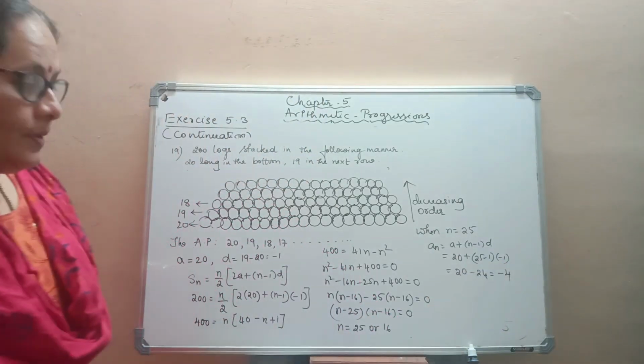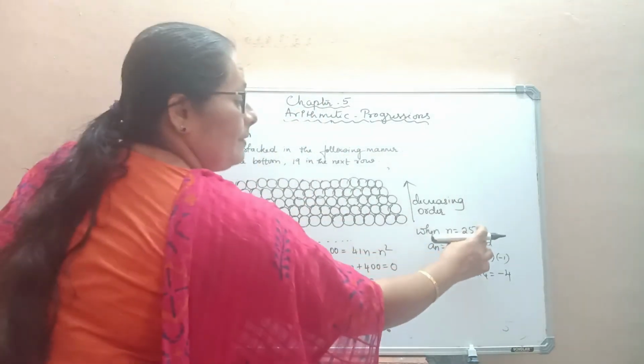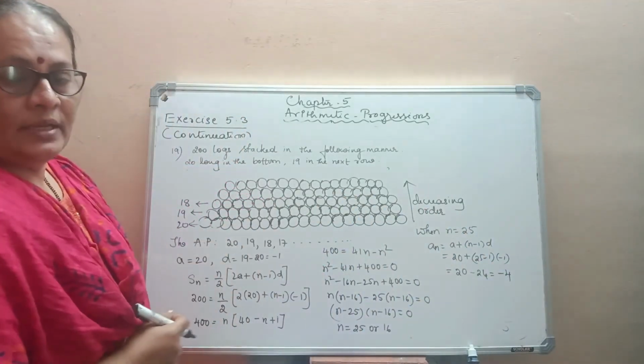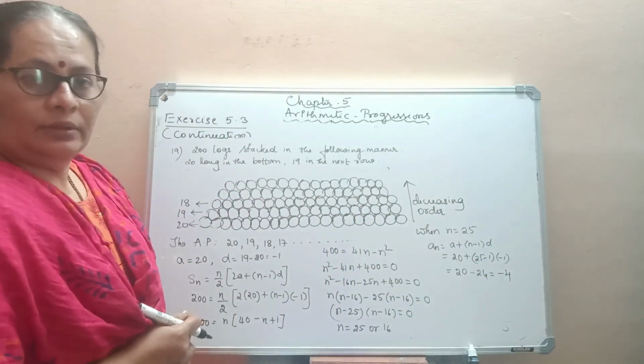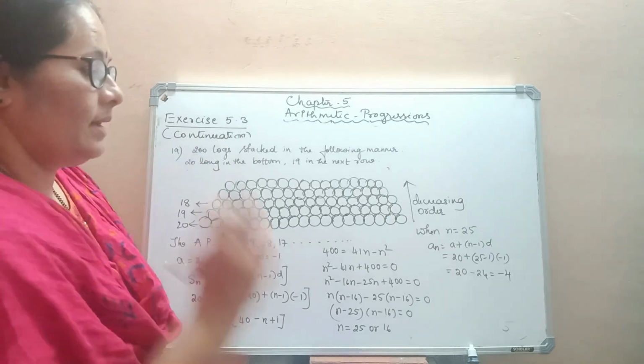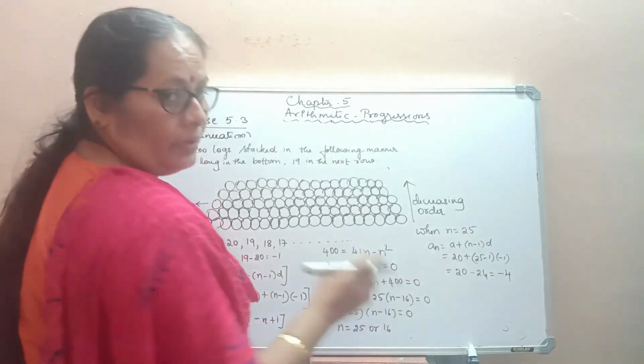So the number of logs in the 25th row is negative. Is it possible? No, this is not possible.